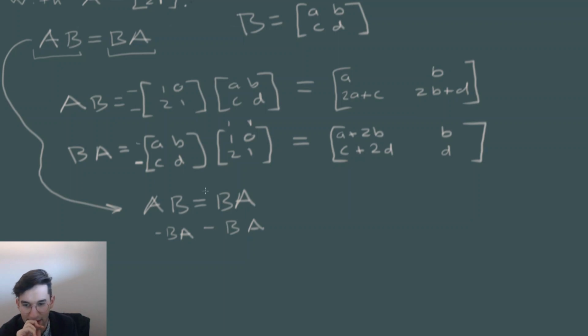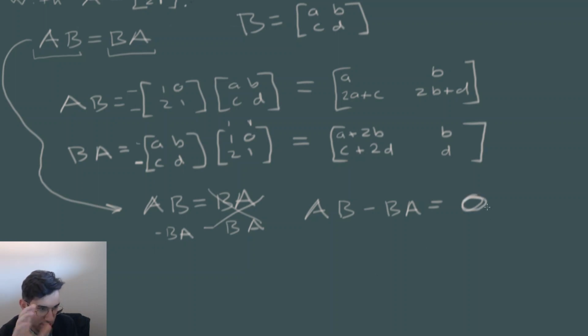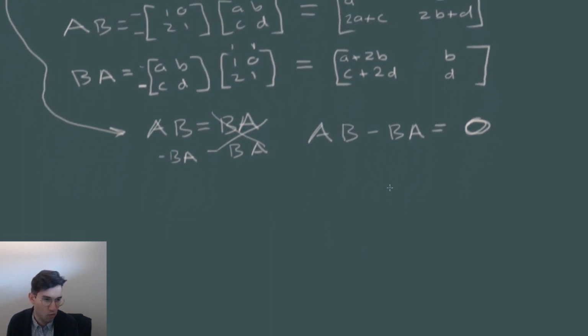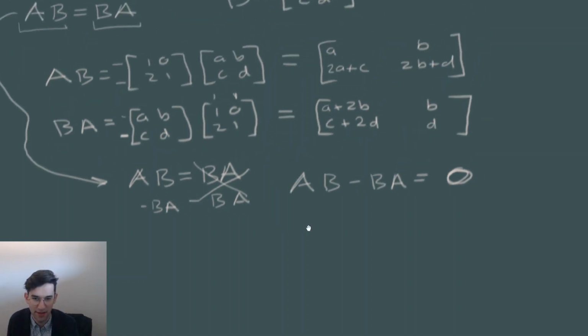On this side, these cancel out, and we get AB minus BA equals the zero matrix. This is a square matrix, it's not just 0. It's 2 by 2 with all zeros. So we can simplify this.